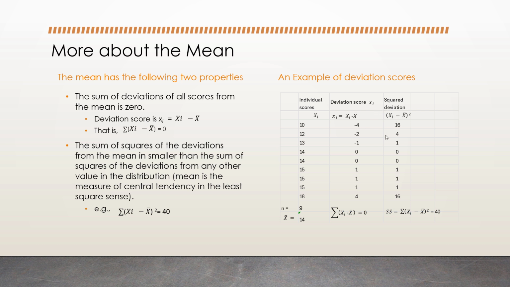Second, if we square each deviation score to eliminate negative values, the sum of these squared deviations is smaller than the sum of the squares based on deviations from any other value. In other words, the mean is the measure of central tendency in the least squares sense.